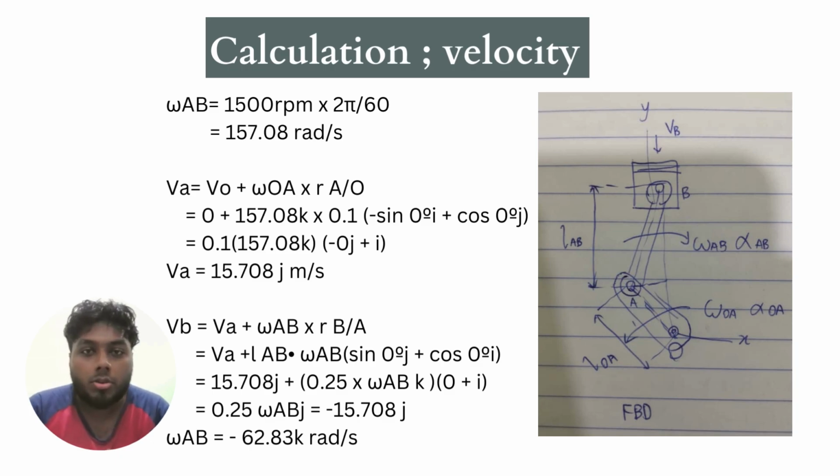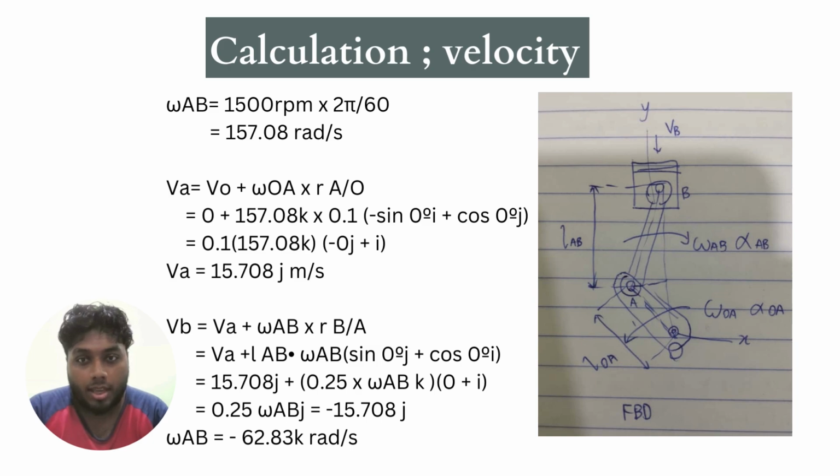Now we are going to look at how to calculate the velocity and also the angular velocity for the system. First, for the angular velocity, based on the rotation per minute given, which is 1500, to convert it into radians per second, we multiply it by 2 pi over 60, and you get 157.08 radians per second.